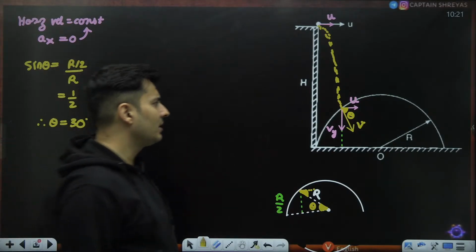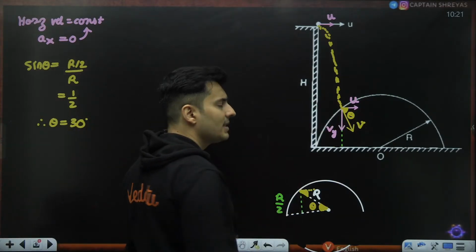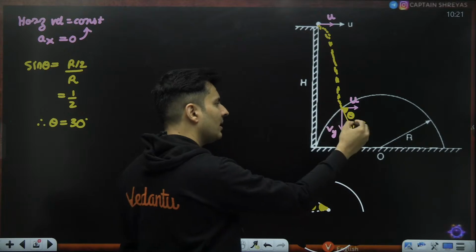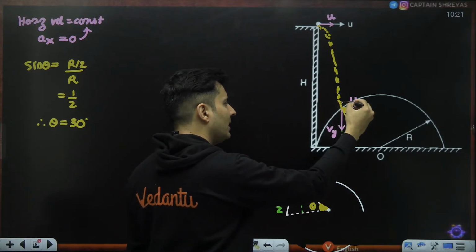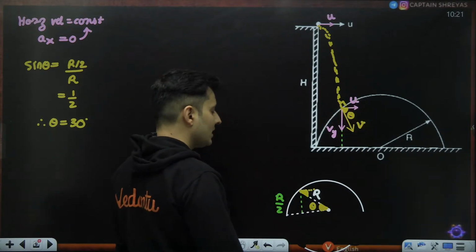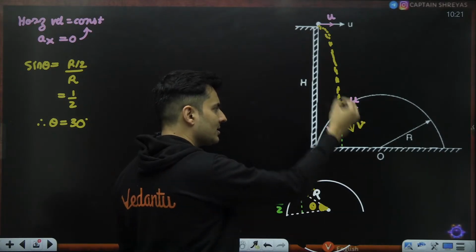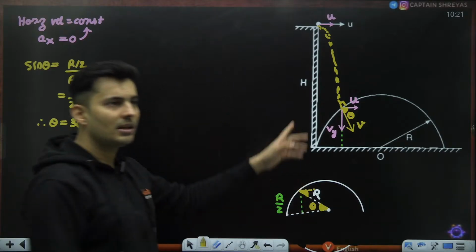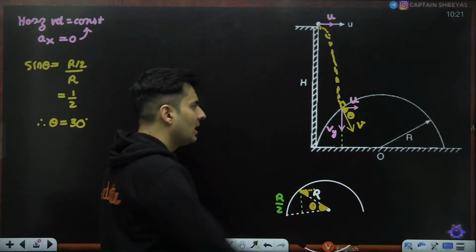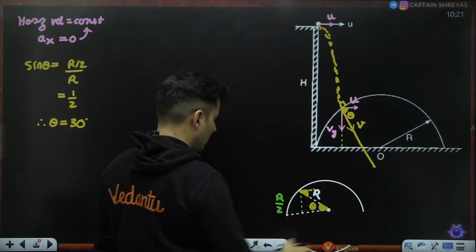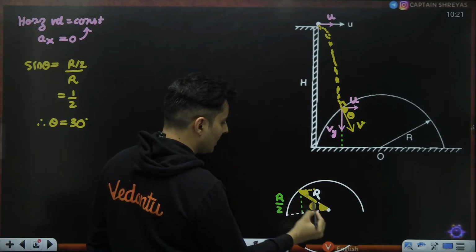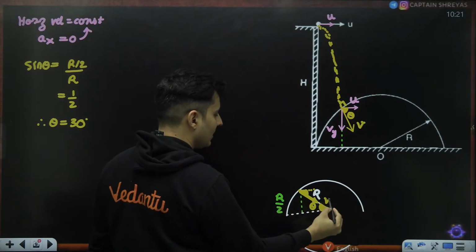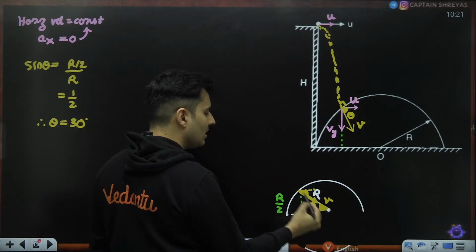Also very important is, because it is retracing the same path, this particular velocity with which it strikes the dome was perpendicular at this point, or else none of this was possible to be solved. And this line of velocity will be exactly along this particular line.